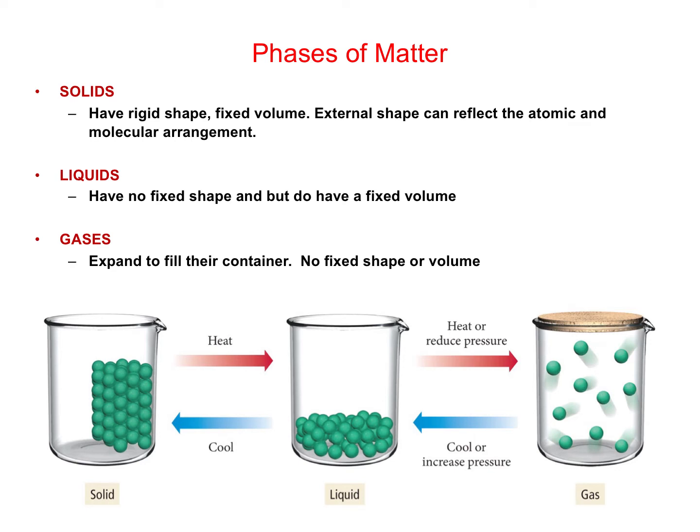Now, we can convert between solids and liquids largely by changing the temperature. If we heat up a solid, we can convert it to a liquid. If we cool down a liquid, we can convert it to a solid. If you notice, when we talk about converting between a liquid and a gas, this figure also mentions the pressure. And so extreme pressure changes can have an impact on the solid-liquid transition.